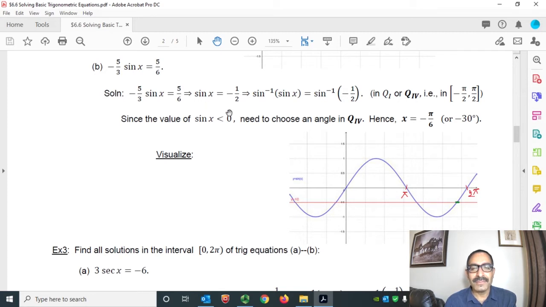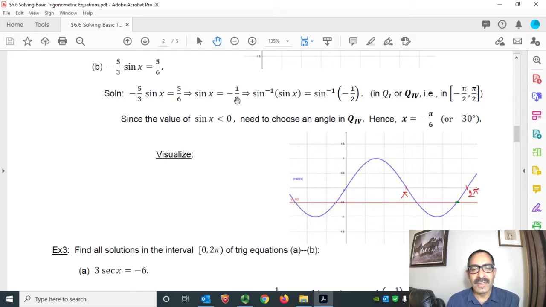Then take the inverse of both sides. Then we have inverse sine of sine x equals inverse sine of -1/2. So here we are solving sine x equals -1/2. The sine function is negative in either the third quadrant or fourth quadrant, but the inverse sine function's range lies in the fourth quadrant, so I need to pick an angle in the fourth quadrant.